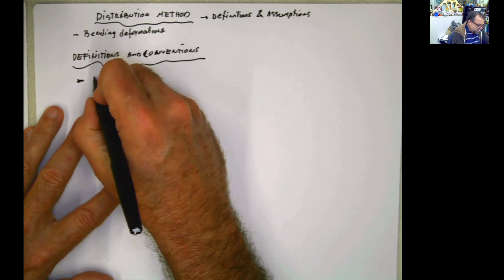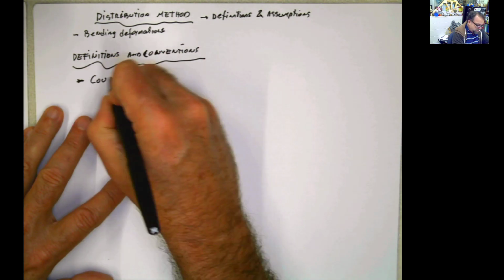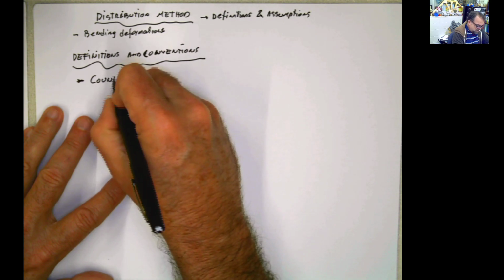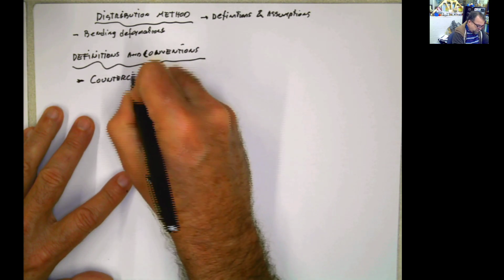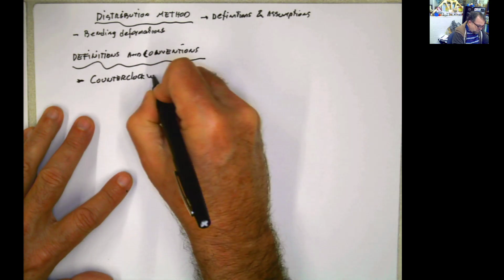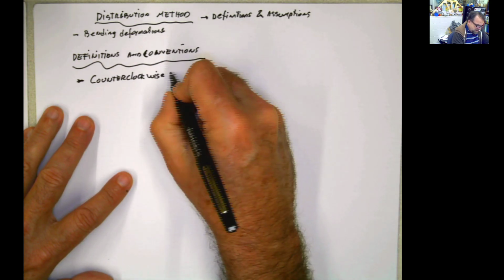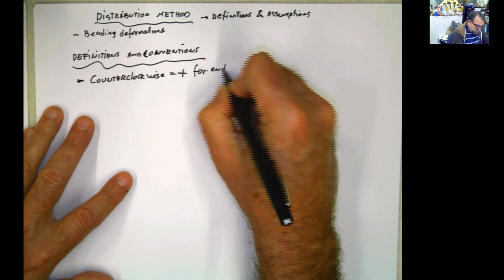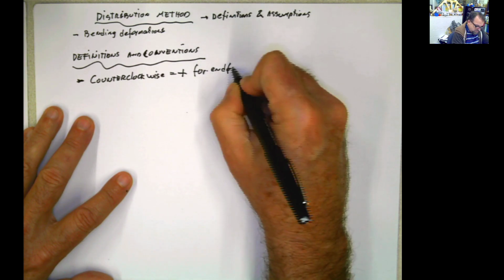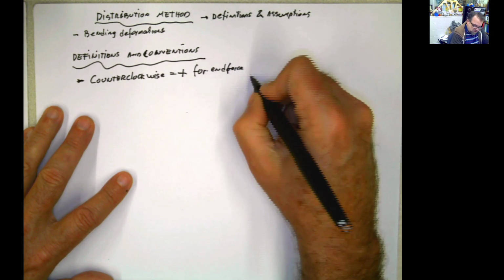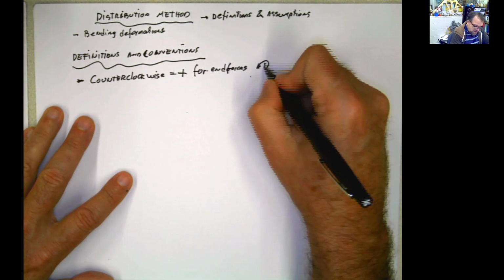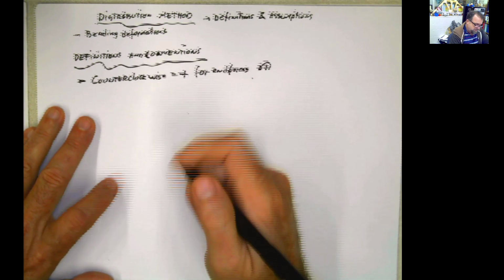But for my approach, the approach that I'm going to be following, we're going to consider counterclockwise positive for end forces, meaning this is going to be positive, and this is what we have been doing all the time.